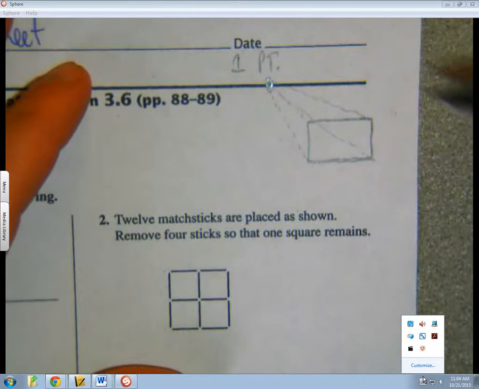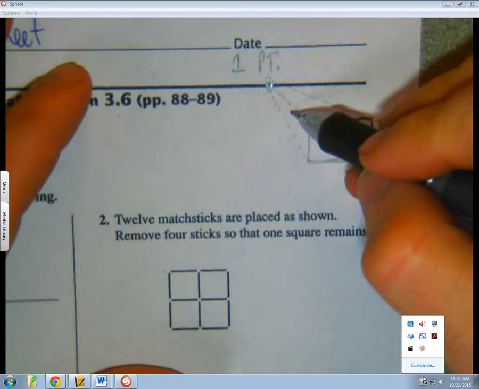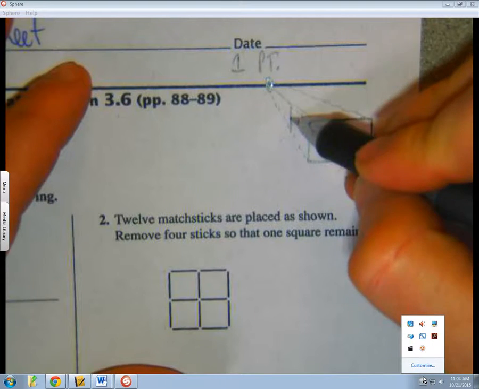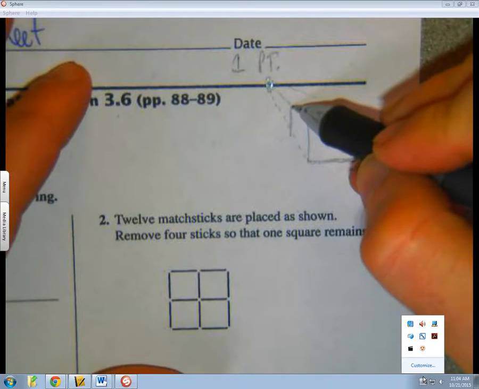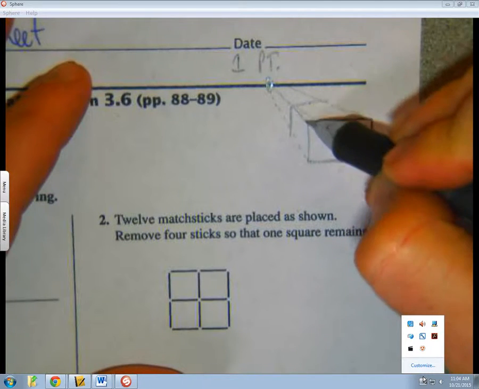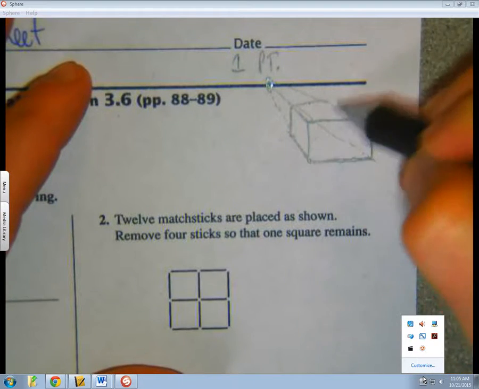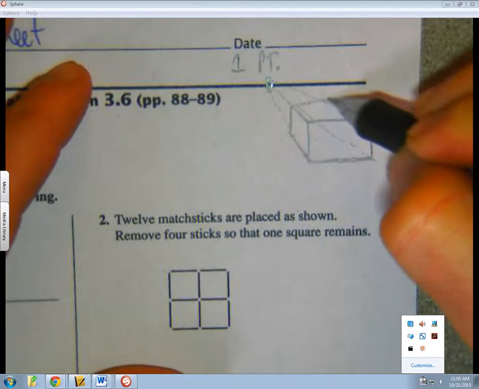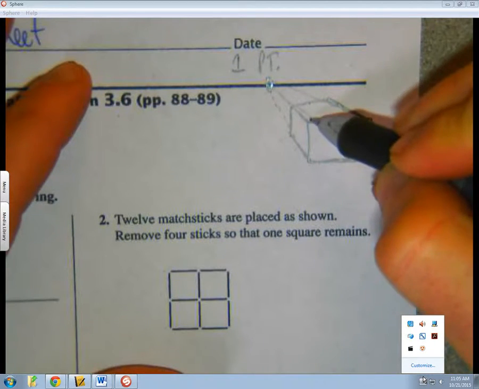Okay, and then all you do is draw the back part of that.